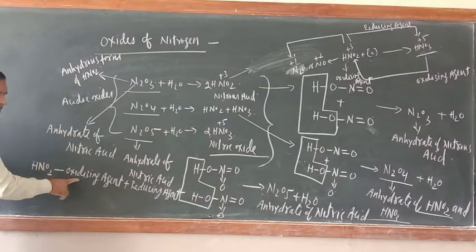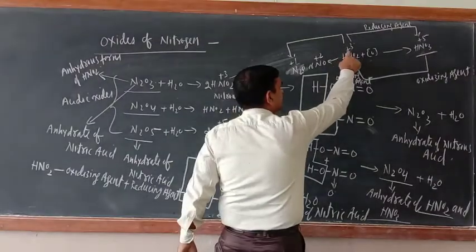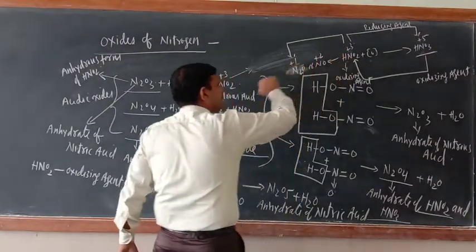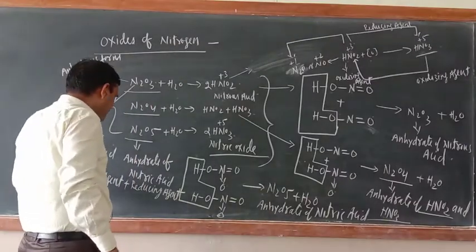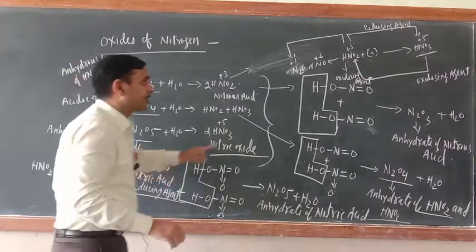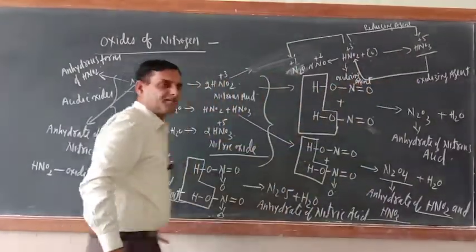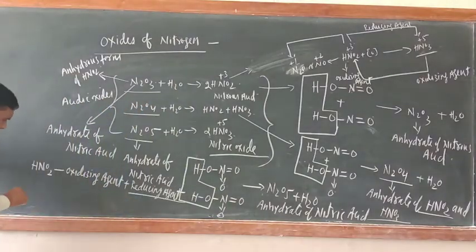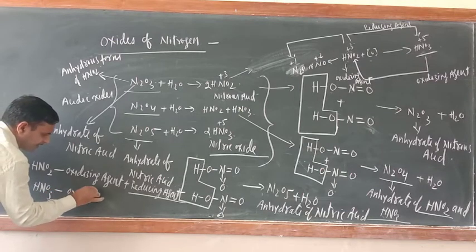When will it be an oxidizing agent? When its oxidation state reduces from +3 to +2 or +1, then it is an oxidizing agent. When will it be a reducing agent? When its oxidation state increases from +3 to +5. Okay, what about HNO3? HNO3 is only an oxidizing agent.